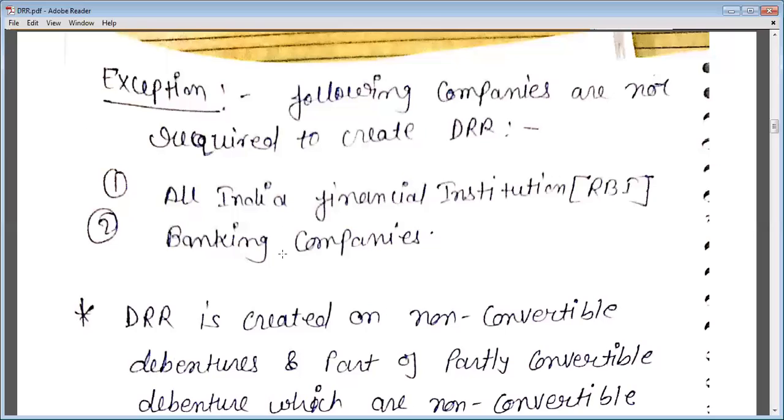Banking companies and RBI are not required to create DRR because they already have much money to redeem the debentures. It is assumed that banking companies have a sufficient amount of cash that they can use to redeem the debentures. So it is not mandatory to create DRR for these companies.